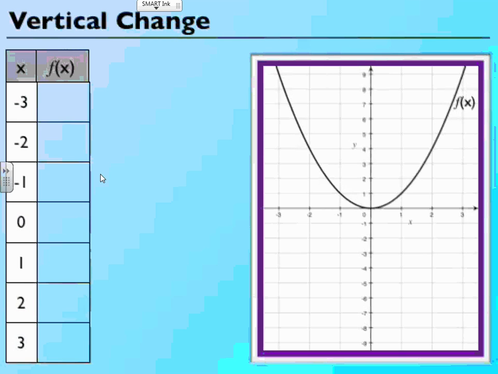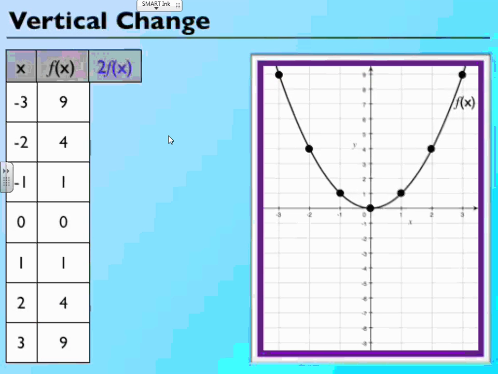Same way, we're going to go through and find f of x for each of these points. So at negative 3, we're all the way up at 9. Negative 2 takes us up to 4, and so on, getting these output values for each of the given input values that we've chosen, making sure to put the points on our original graph because they're going to help us.